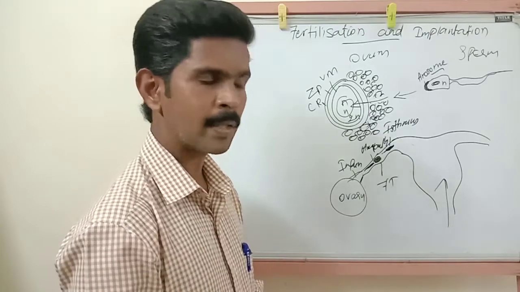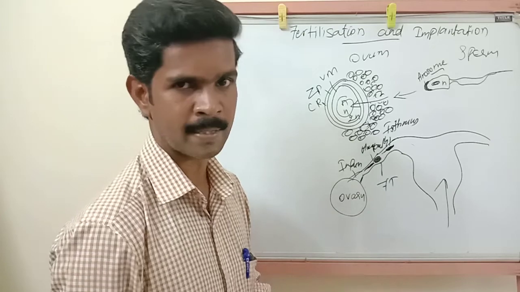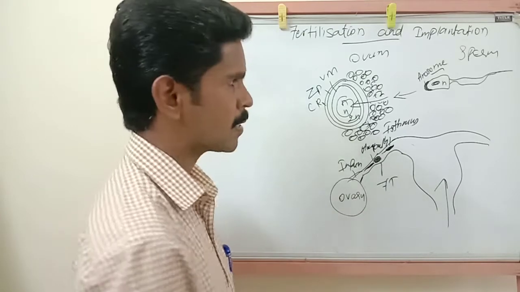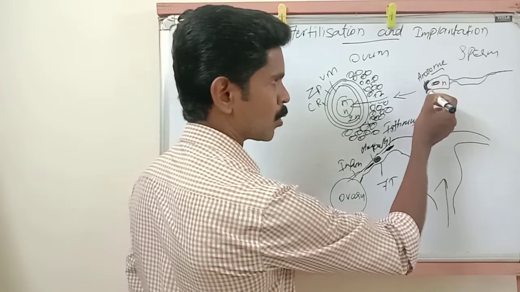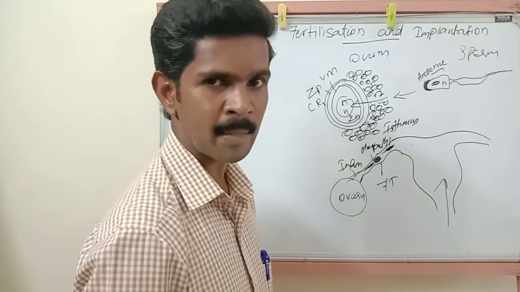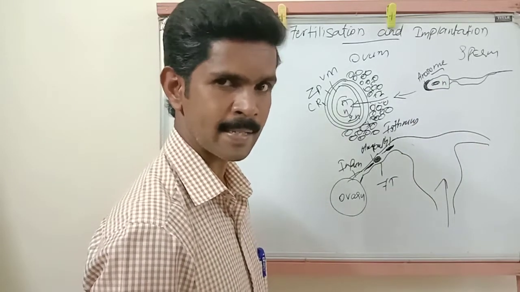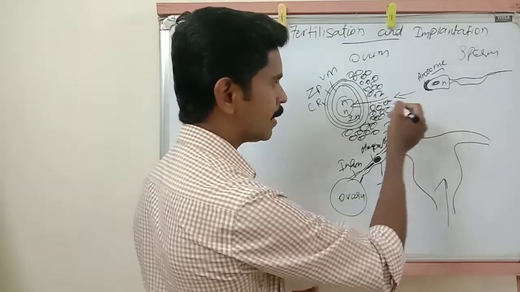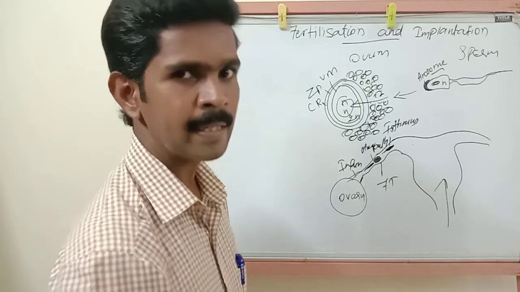So these follicle cells should be disintegrated. For this purpose, the sperm's acrosome releases the hyaluronidase enzyme. This enzyme disintegrates the follicle cells, and finally the sperm enters inside the egg cell.